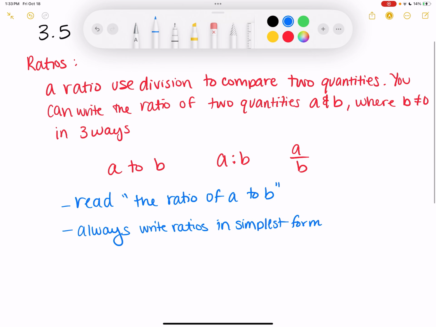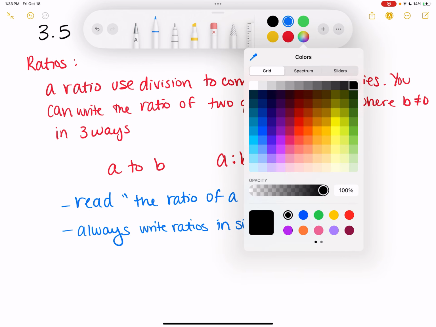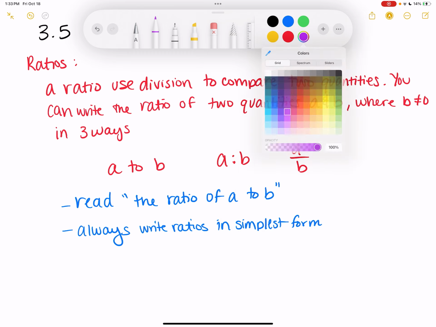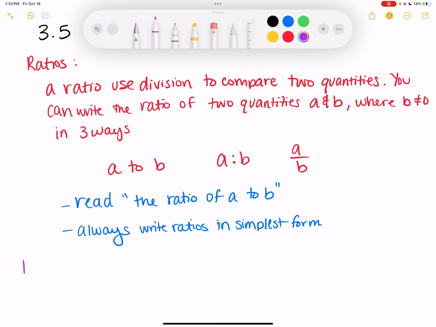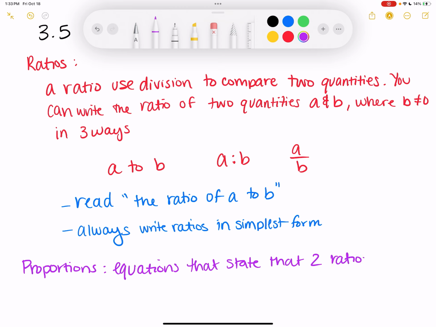So that's ratios. We also have proportions, which are equations that state that two ratios are equivalent.